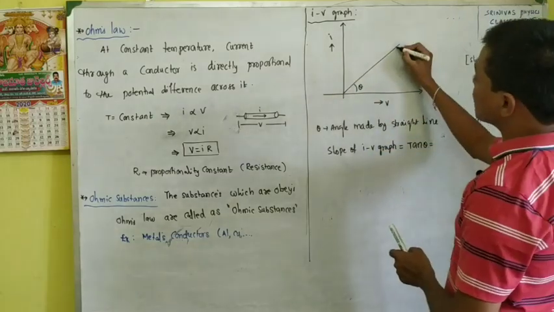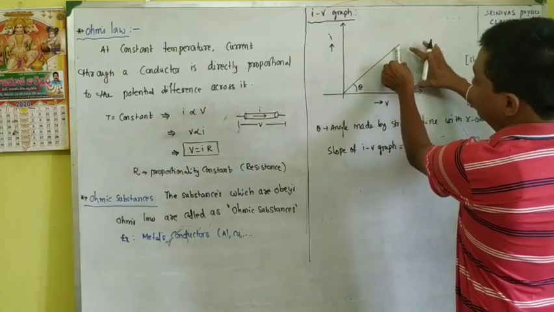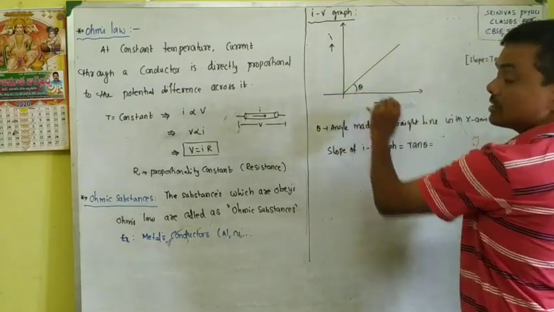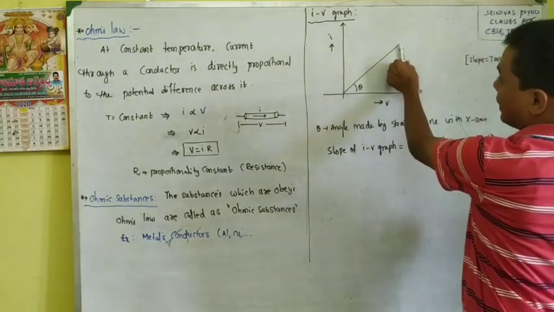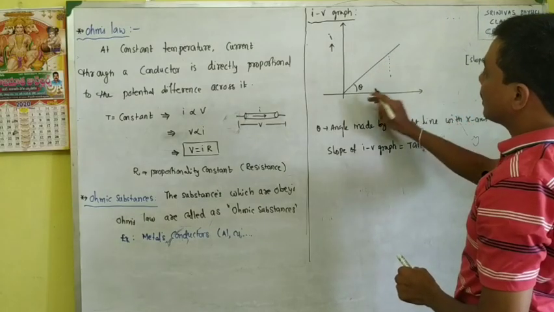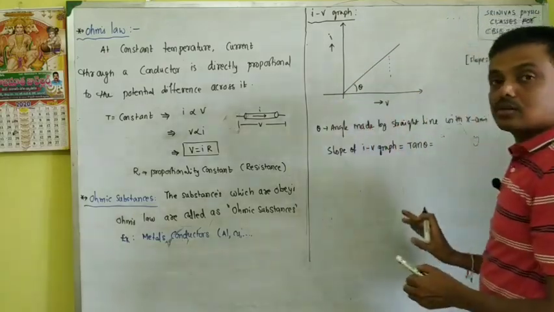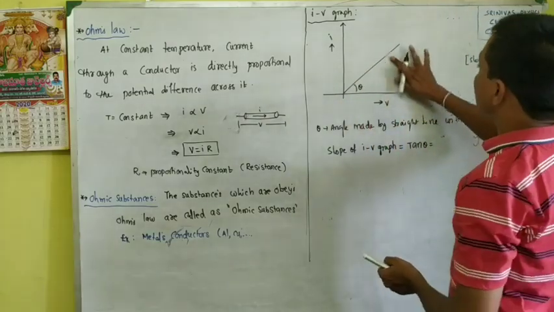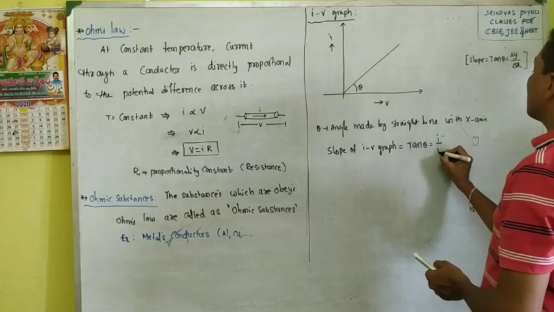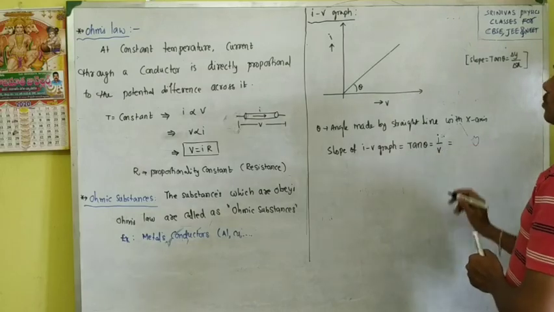Tan theta is equal to opposite side by adjacent side. This opposite side, this length, is equal to current I, and this is the adjacent side. Adjacent side is the voltage. For example, this is the tan theta I want. If you take this point, right, tan theta is equal to opposite side, current, and adjacent side, voltage. Means if you find out the tan theta, what will it give? Tan theta gives I by V. I by V means what will it give?